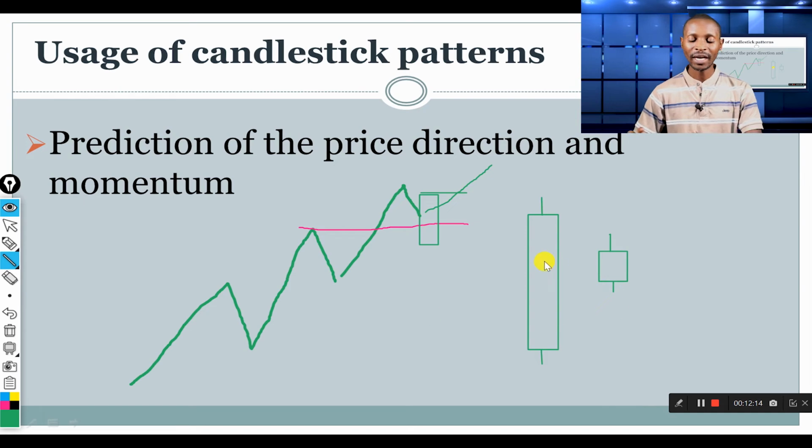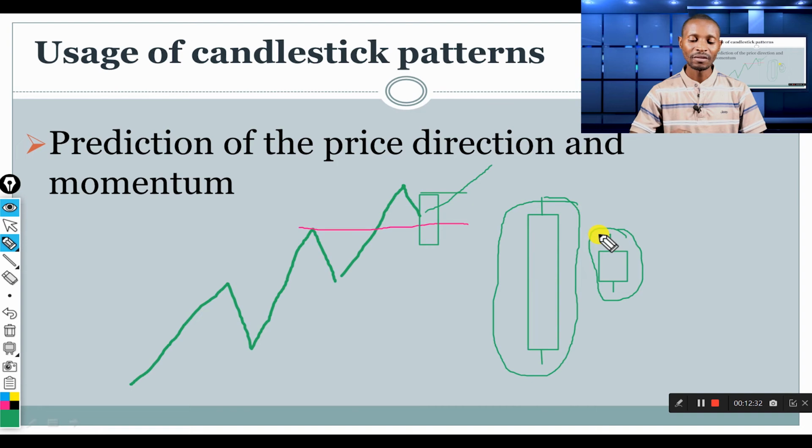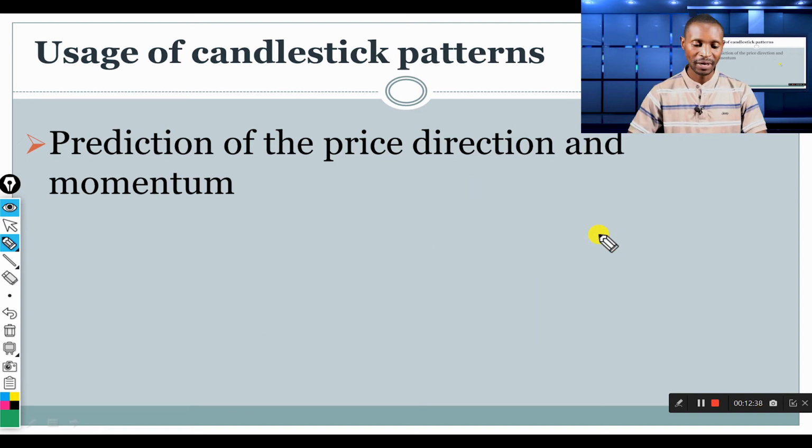Those candlesticks are both showing a bullish direction, but in terms of momentum, you can clearly see that there is a big buying pressure or big momentum behind this candlestick compared to this one. Therefore, by knowing the direction and momentum behind any candlestick pattern, we will know what to do in the market.